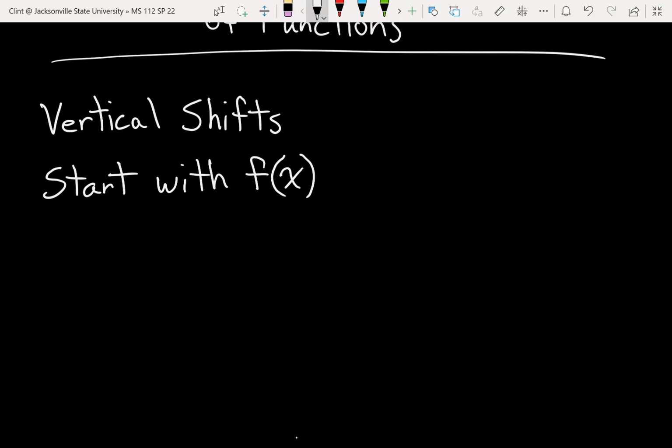That could be any function. The main ones that we looked at last time: maybe x raised to some power, or square root of x, or absolute value of x. So just start with one of those basic functions.